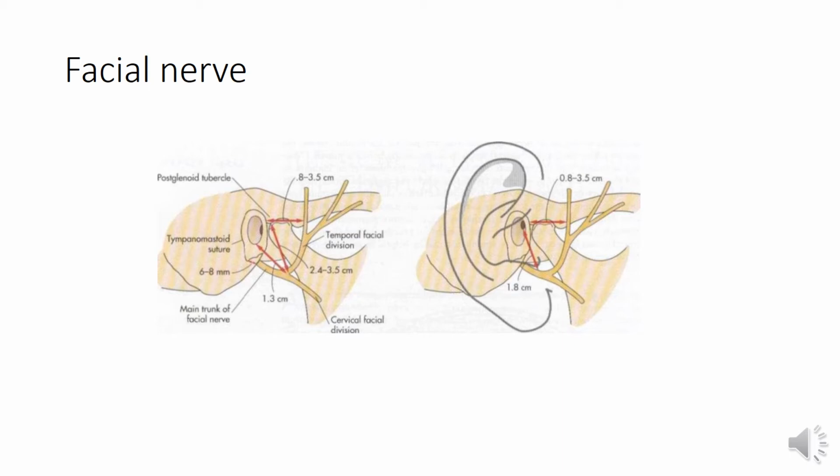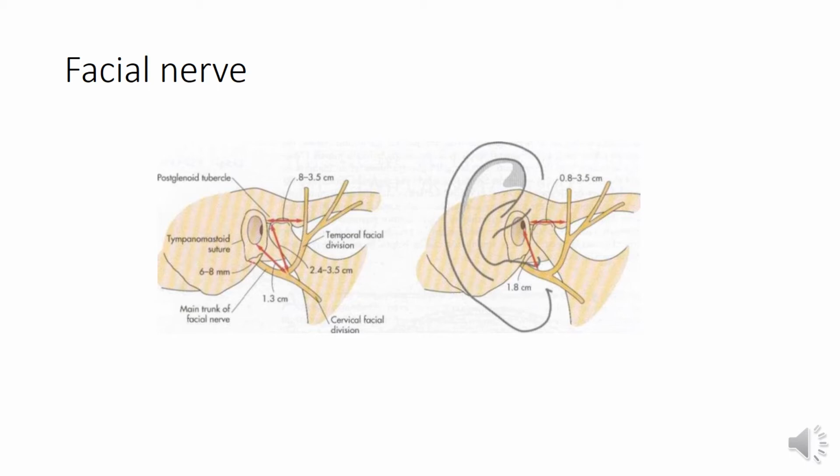The temporal ascends up, whereas the cervical goes down and supplies the neck, along with the marginal mandibular. All those 5 branches, as you have heard with the pes anserinus, which supply the motor supply to the facial muscles, will get affected if the nerve is damaged.